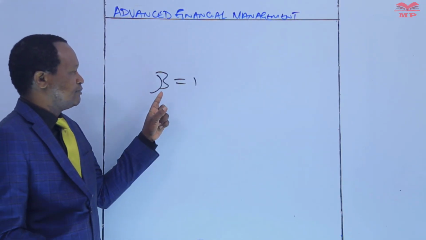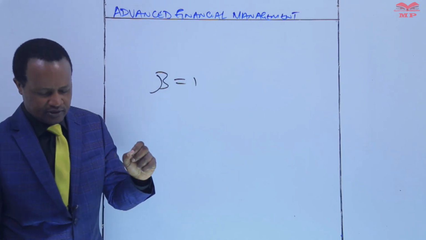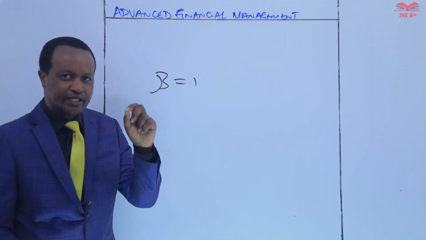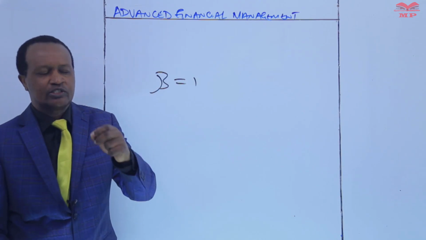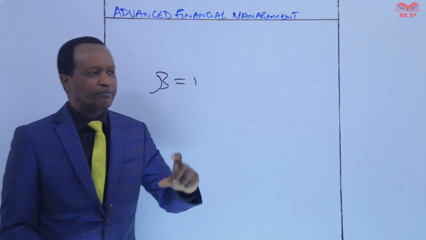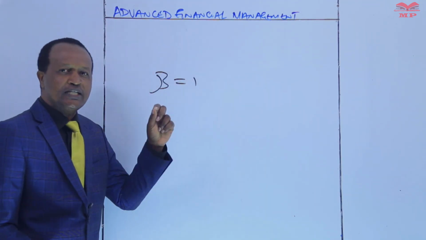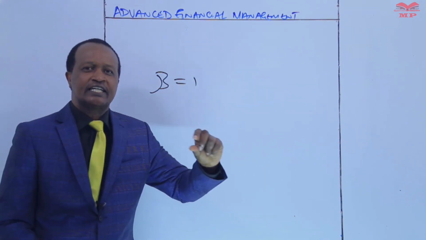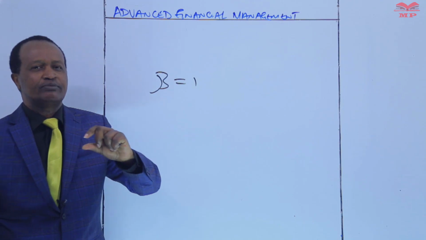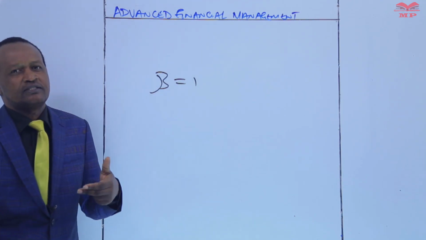Because beta measures the sensitivity of an asset's returns to the overall market, if you have a beta of 1, the asset's price is moving at the same rate as the market.